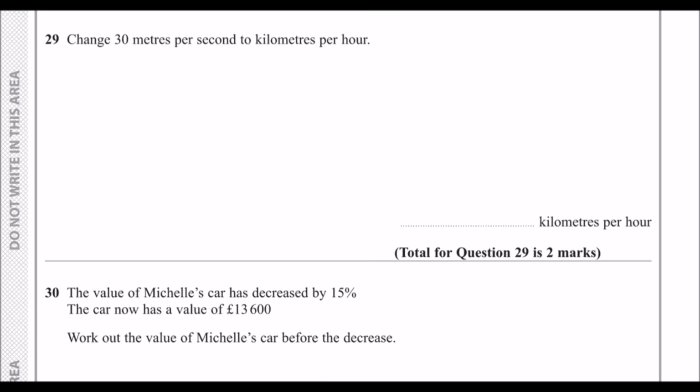Question 29. Change 30 meters per second to kilometers per hour. So if we go 30 meters in 1 second, how far can we go in an hour? So 30 meters in a second, if we times by 60, it will tell us how far we go in a minute.